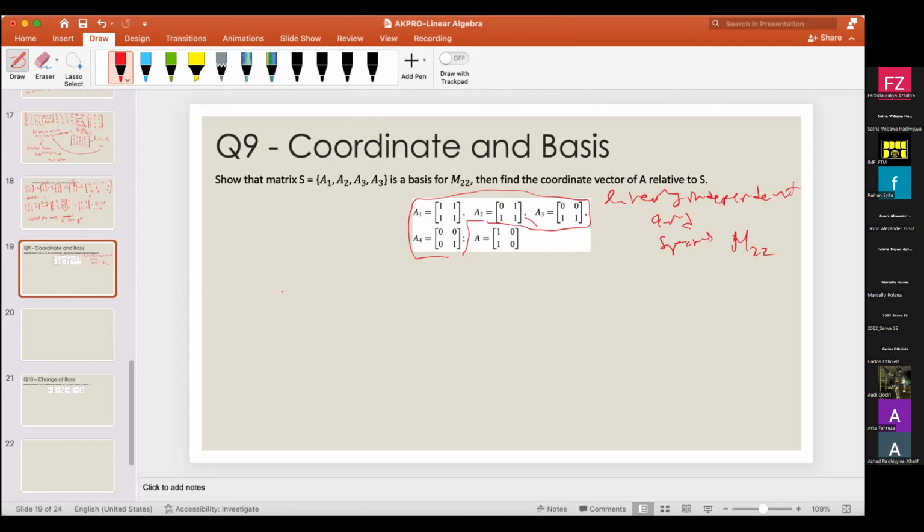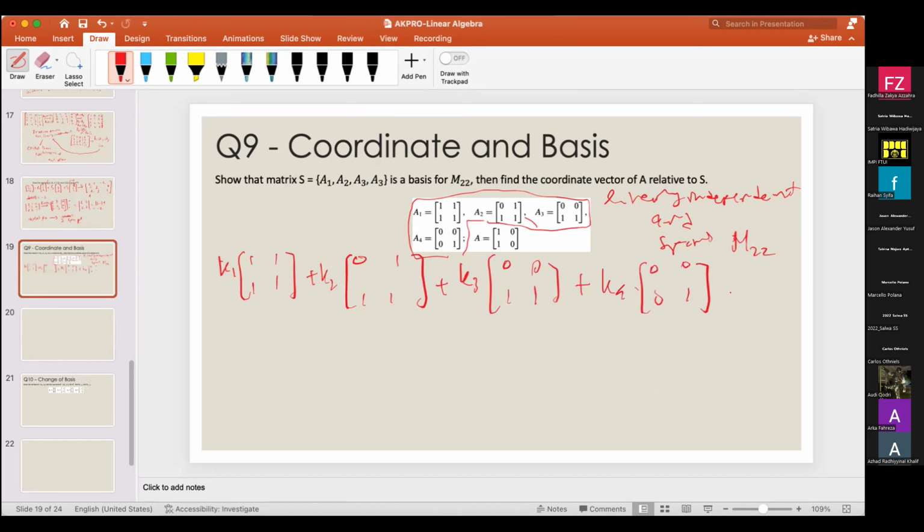In order to do that, we do the same steps as previously: K1 times [1, 1; 1, 1], plus K2 times [0, 1; 1, 1], plus K3 times [0, 1; 0, 1], plus K4 times [0, 0; 0, 1], is equal to the zero matrix.